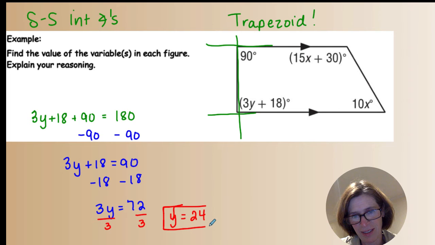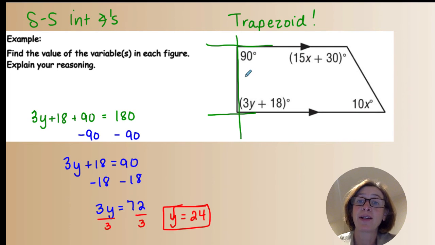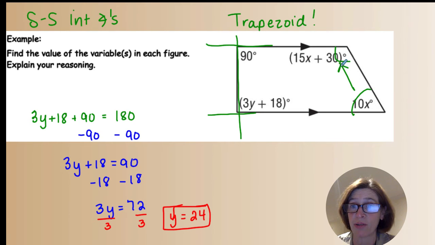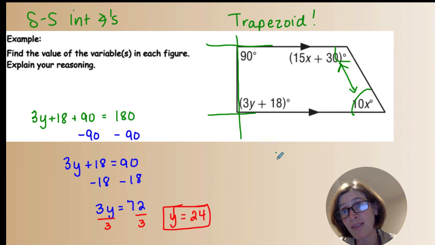Now I'm going to go to the other side and I see the x. Well, it looks like these are also same side interior angles. They're on the same side of the transversal and they're on the interior of the parallel lines. So that tells me that 15x plus 30 has to equal 180 degrees.